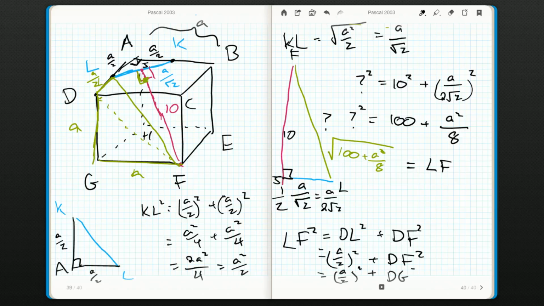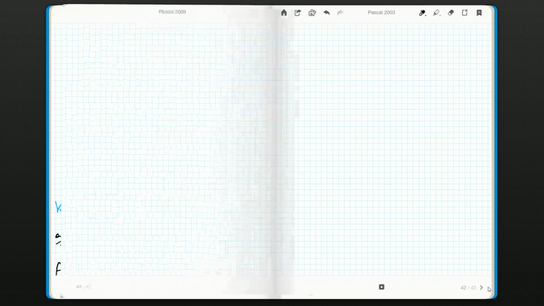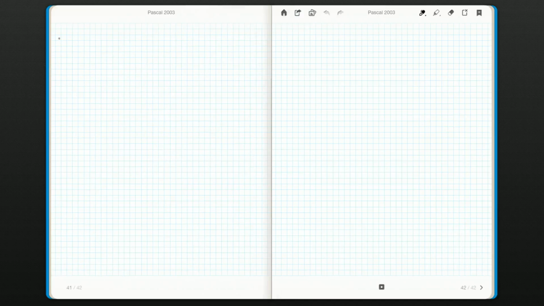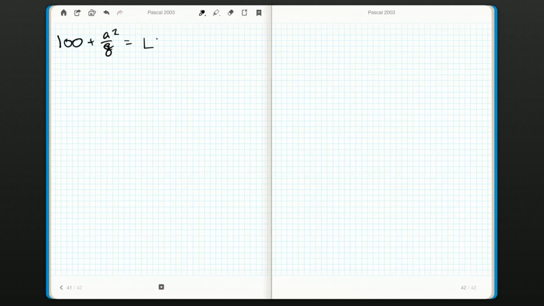That would be DG squared plus GF squared. So LF squared, which is 100 plus a squared over 8, that's LF squared. But that's DL squared plus DG squared plus GF squared.